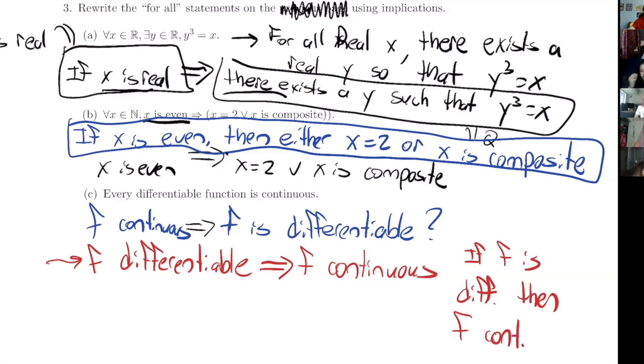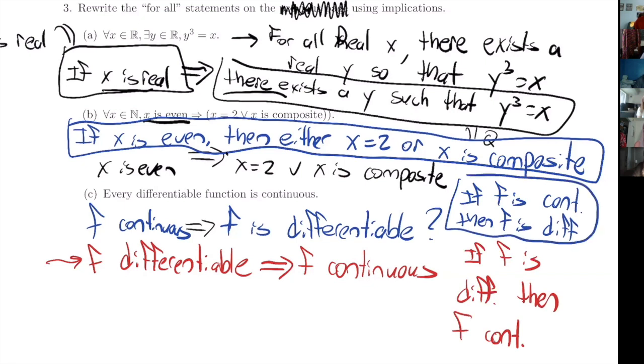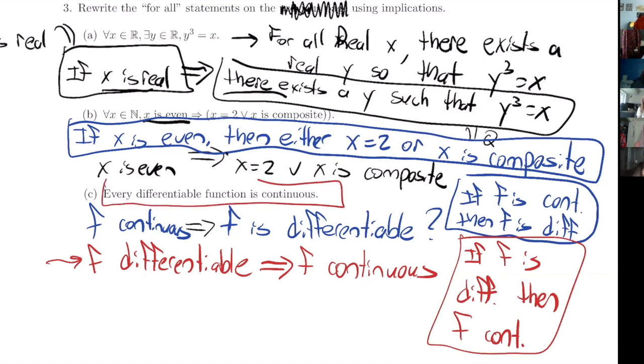And the blue one we would say is saying if f is continuous, then f is differentiable. So these are both statements. They're not the same statement. One of them is true, one of them is false. So I'm not asking which is true and which is false, but which one matches up with what we were given over here.